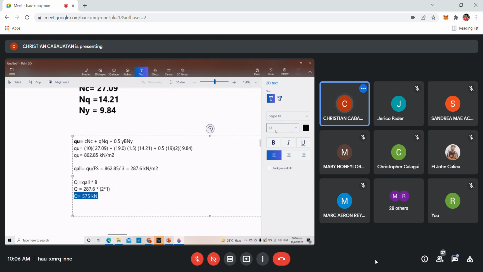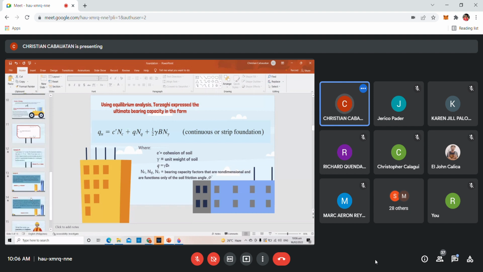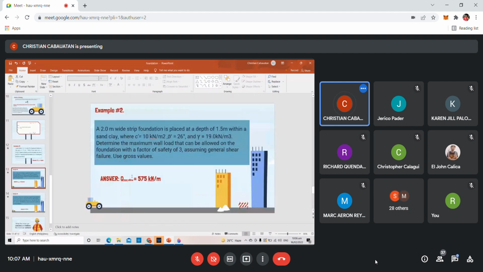So, ito na yung ating solution. Kuha nyo ba yung 575? Yes, sir. Okay. So, ang kanyang sagot ay 575, the Q maximum allowable.